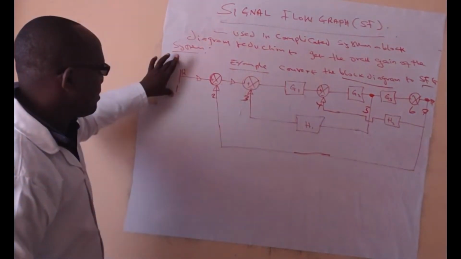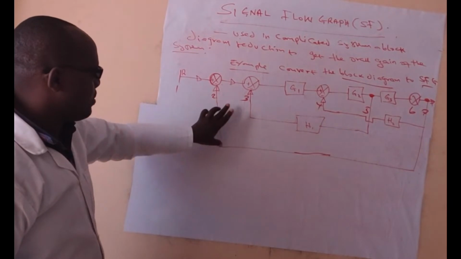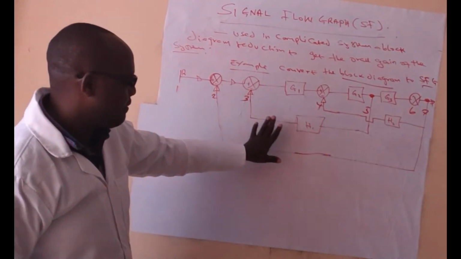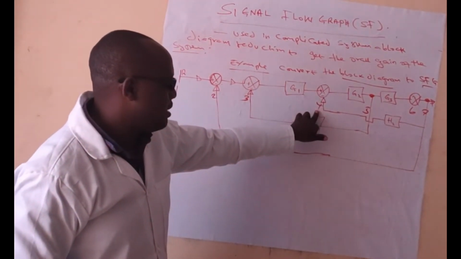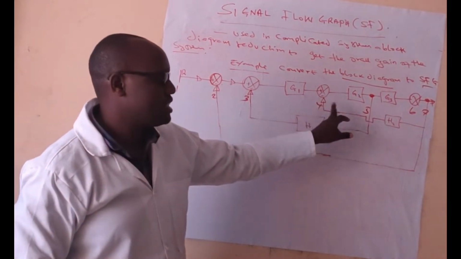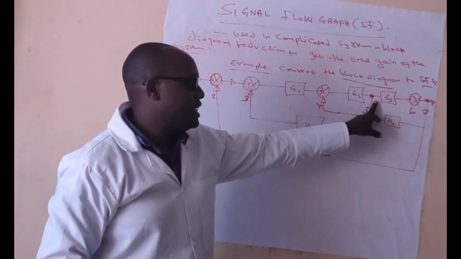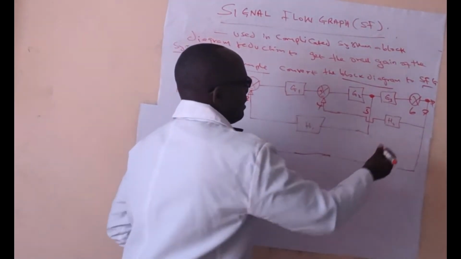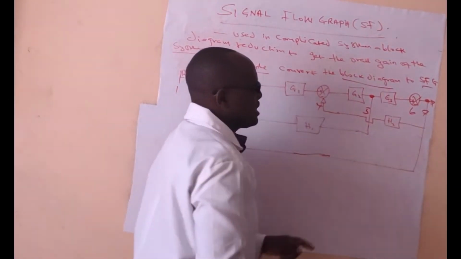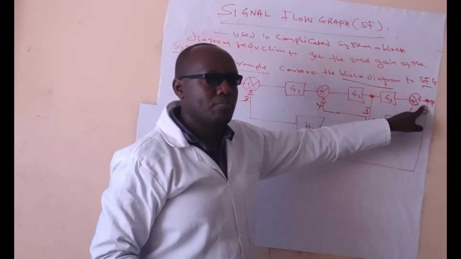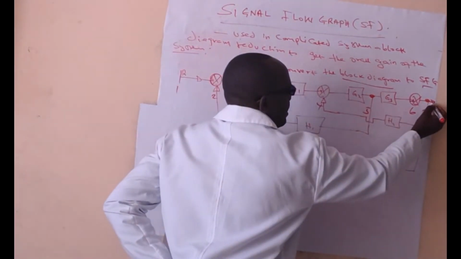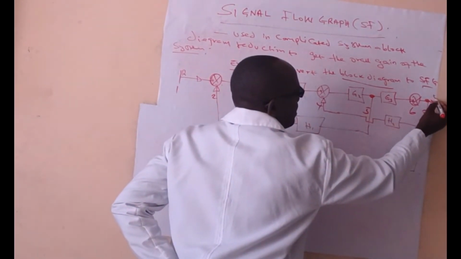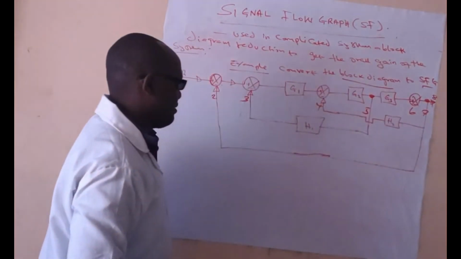So we have the input, we have the summing points, and the takeoff points, and then this one will give us point number 8.